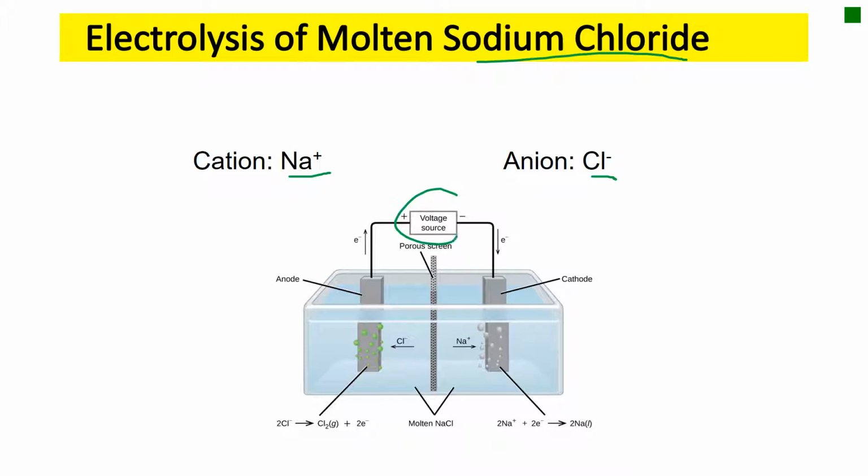The battery is responsible for driving electrons to the cathode, where reduction happens, and it also withdraws electrons from the anode. So as the electrons move up, they go down as well toward the cathode.